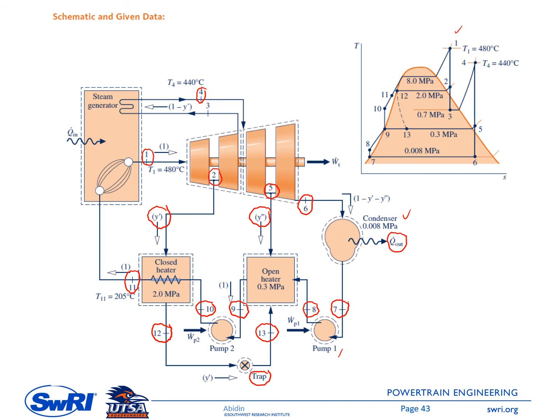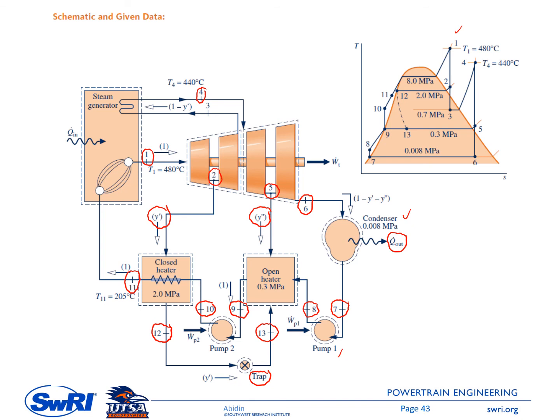Okay, and then state number 6 has the same entropy as state number 4, and the pressure is 0.008 megapascal or 0.08 bar. And according to the TS diagram, for sure you can check that state number 6 is inside the dome. And then state number 7, it is assumed that it is saturated liquid, so state number 7 is right at the dome line on the left side.